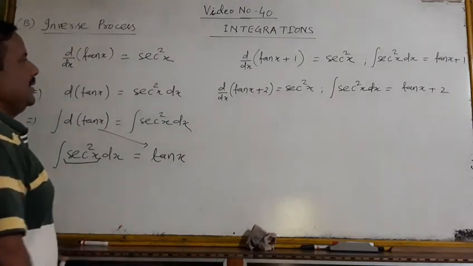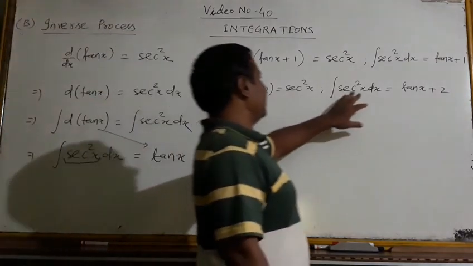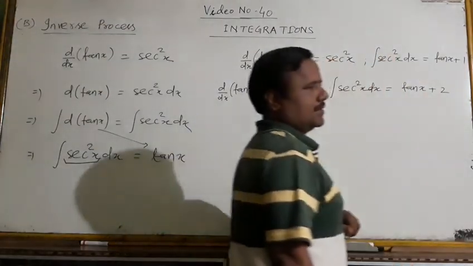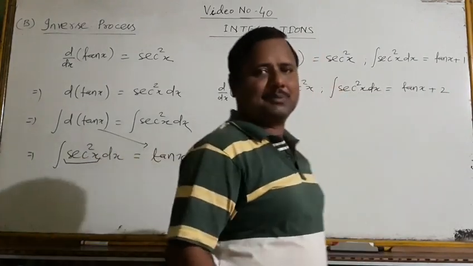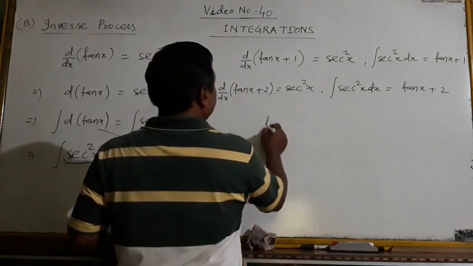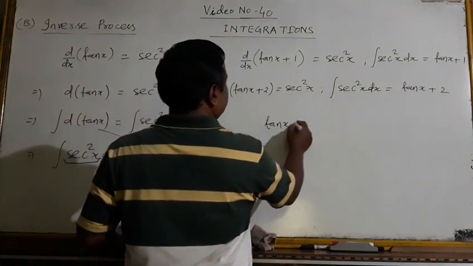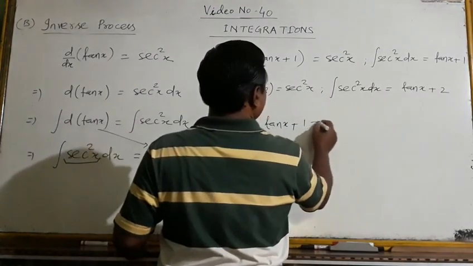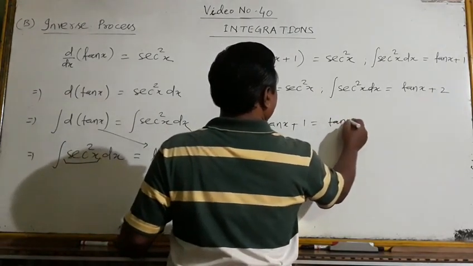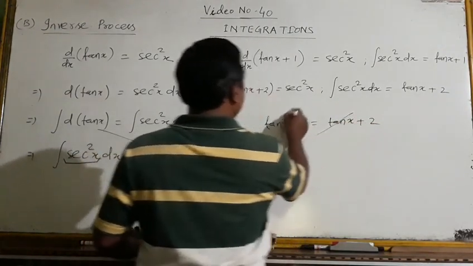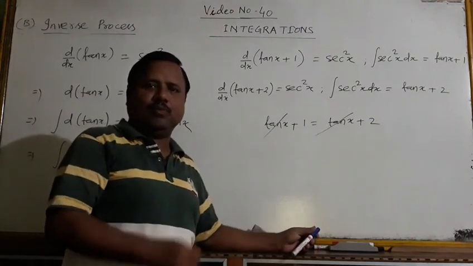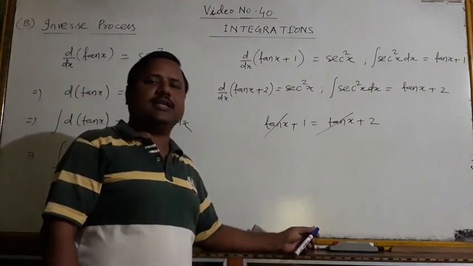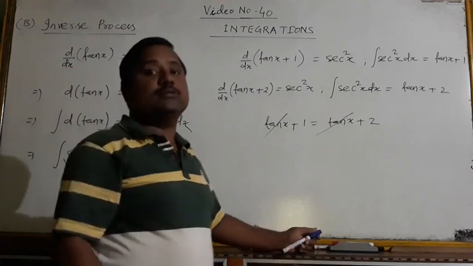Now that person will say, sir, here the integration of sec square x gives tan x plus 2, and here tan x plus 1. Sir, I want to equalize them. If both left sides are equal, then the right sides are equal, so tan x plus 2 equals tan x plus 1. If they cancel, then 1 will equal 2. Is this the process to prove 1 is equal to 2 is equal to 3 is equal to 4? No, this will not happen.